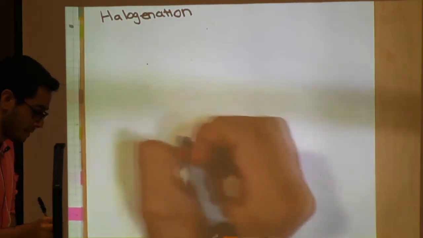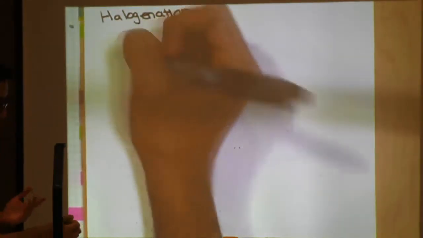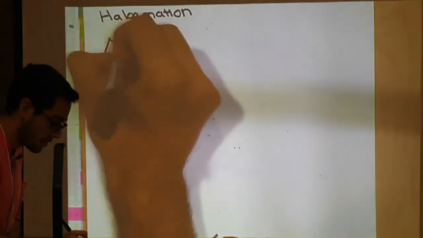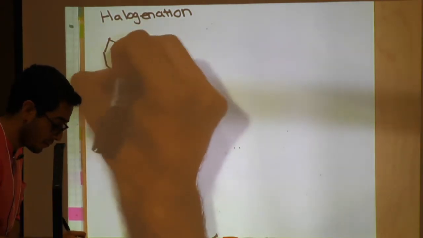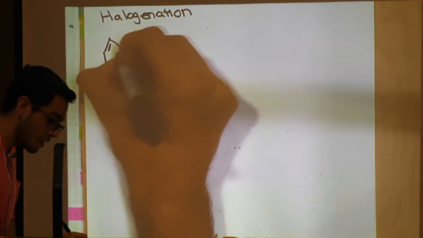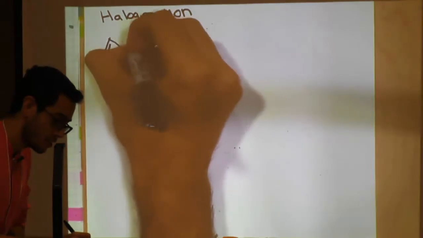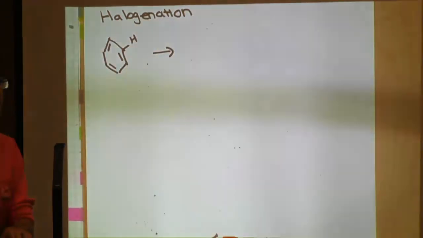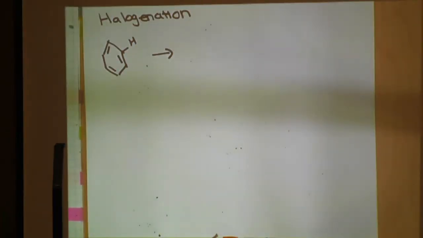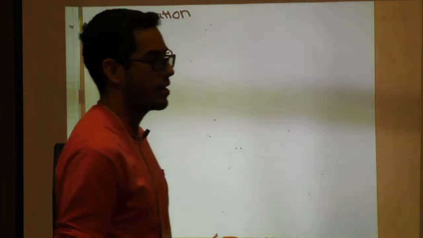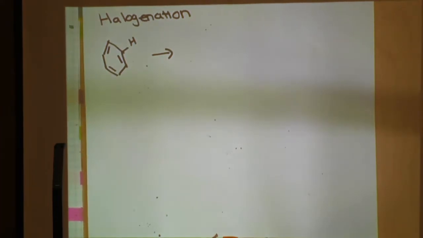Going off of the general mechanism, if we have a cyclic ring and it's fully conjugated, the whole point of these mechanisms is to activate a conjugated ring, which is usually very stable. Benzene rings are extremely stable. They don't want to react. But sometimes we want to add substituents to them.